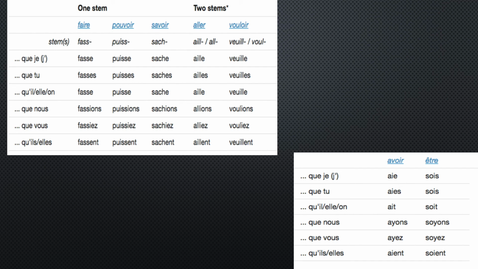And now here are some more irregular verbs that you more or less just have to memorize. Faire, pouvoir, and savoir all only have one stem, and it's only the stem that is irregular. All the endings follow the exact same subjunctive pattern as before.